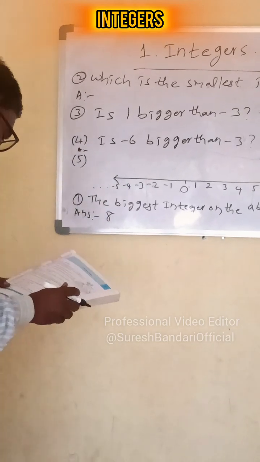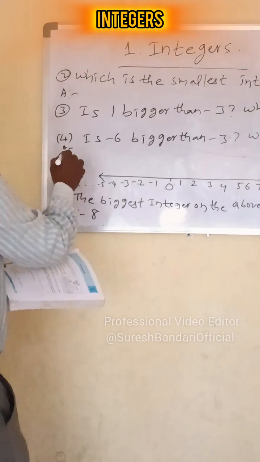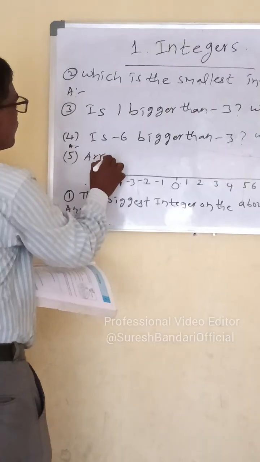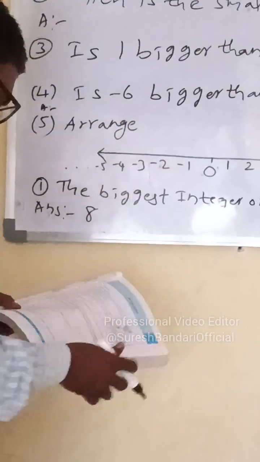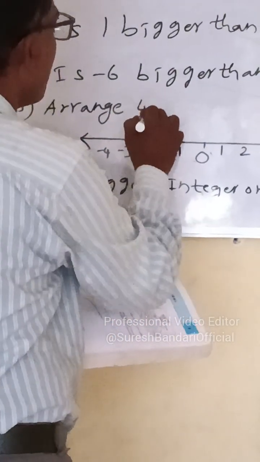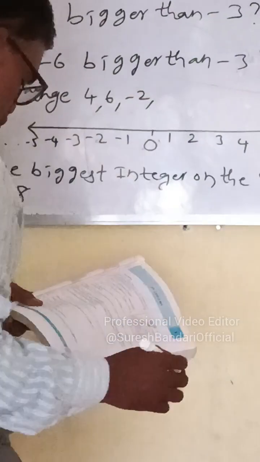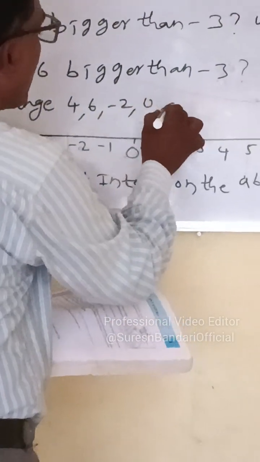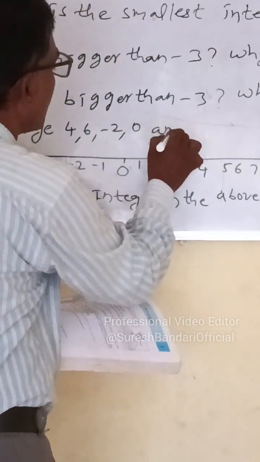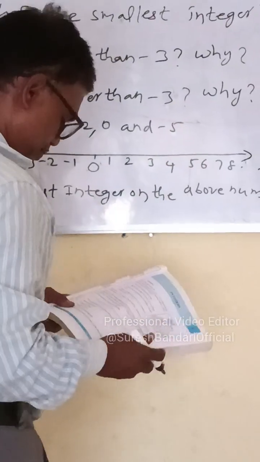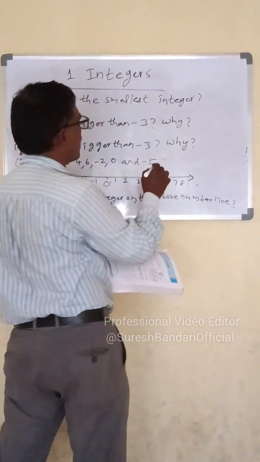Fifth question: arrange 4, 6, minus 2, 0 and minus 5 in ascending order.